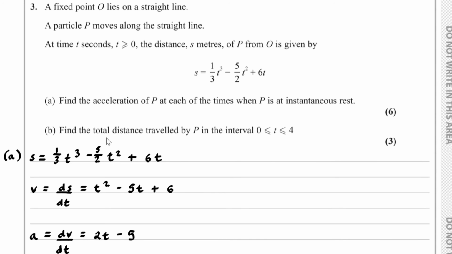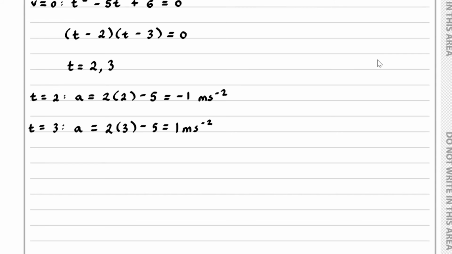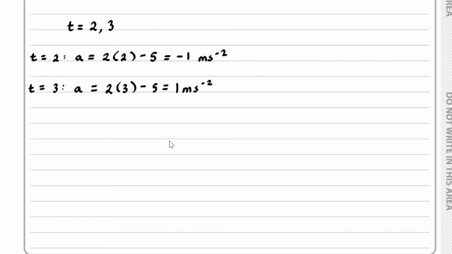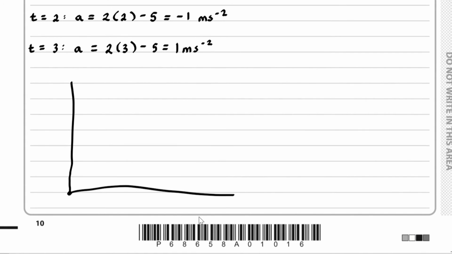And now we have to find the total distance travelled by P in the interval 0 to 4. Now, the best way to think about this problem is to actually sketch a curve. So if I quickly sketch a curve, I know that it starts at the origin, and I'm considering what happens up to 4.